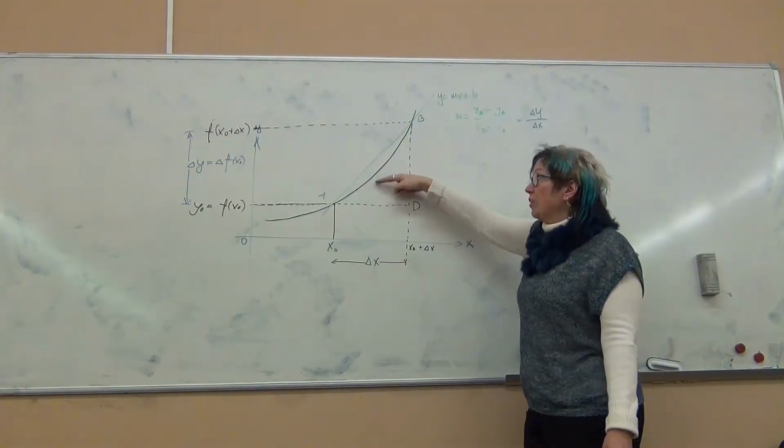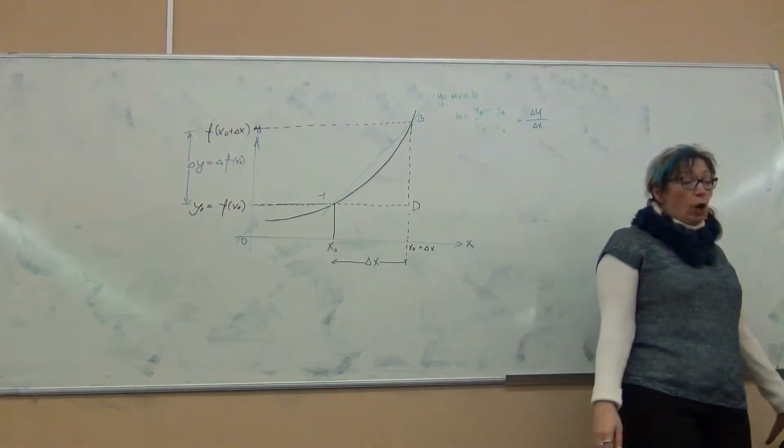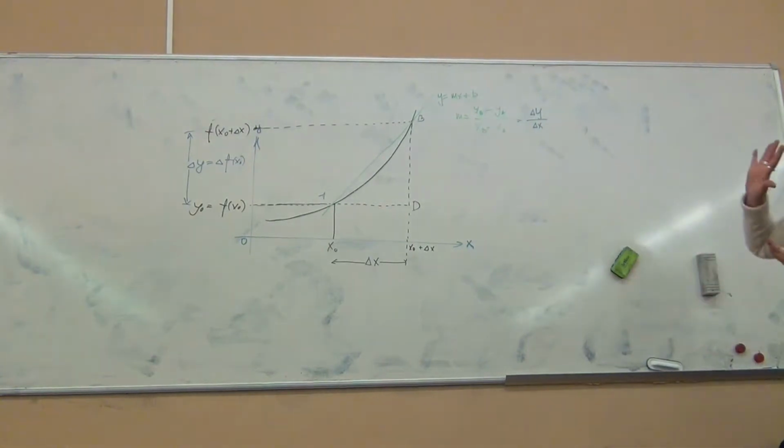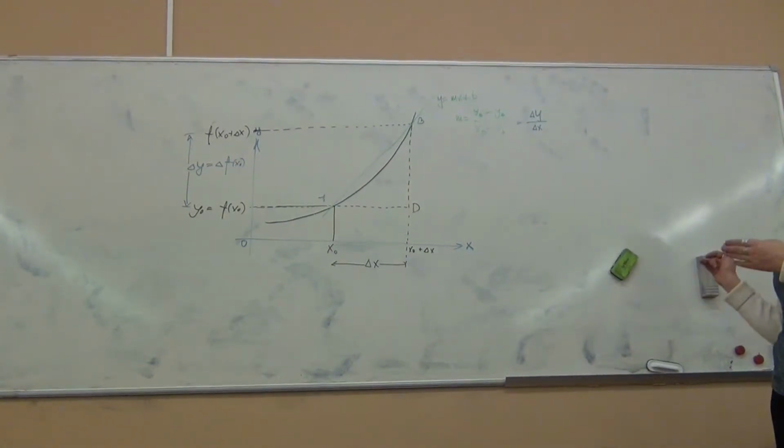The slope is not the same all the time. So the slope of the line AB more or less characterizes the average rate of change of this function, but it doesn't characterize the rate of change at any particular point.